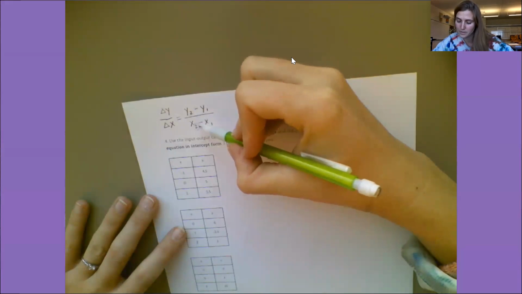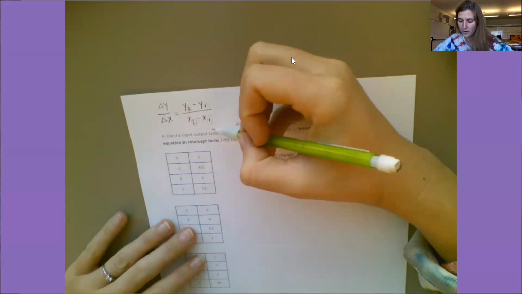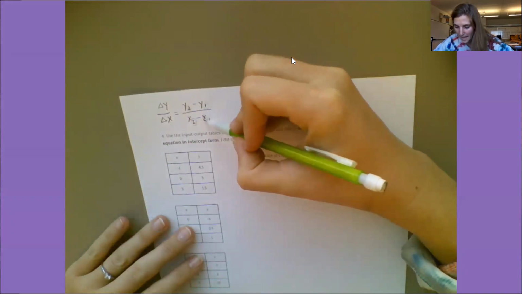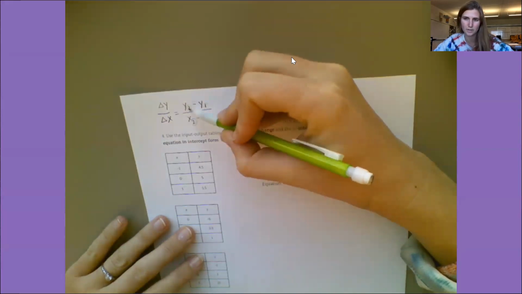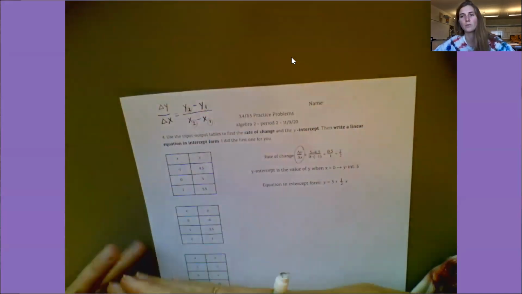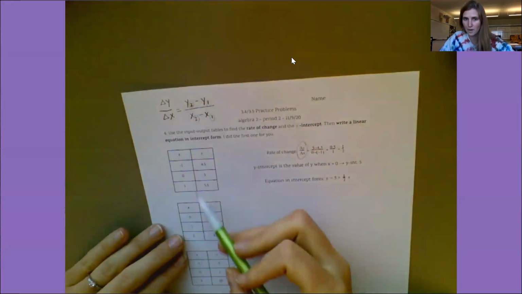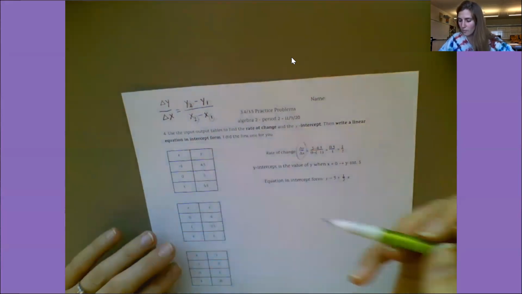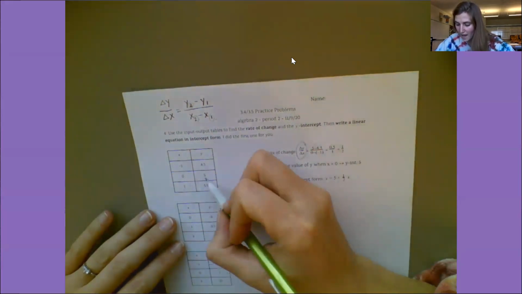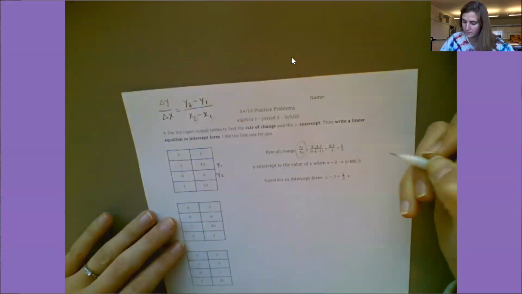And what these little numbers down here tell us, it's just like a naming system where it tells us this x1 corresponds to this y1. This x2 corresponds to the y2. x3 would correspond to y3. So those numbers just match up the x and the y value. They'll show up on our input-output table right across from each other. So in this example, I chose 5 as y2 and 4.5 as y1.